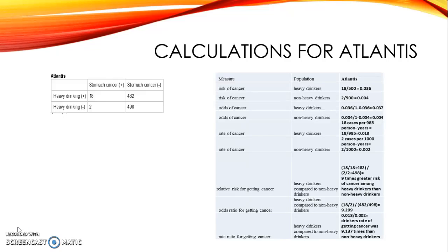And the rate ratio is demonstrated from your rate at the top, which deals with the person-years. So that's 0.018 divided by 0.002, and that gives 9.137 times the rate for a heavy drinker than a non-heavy drinker.